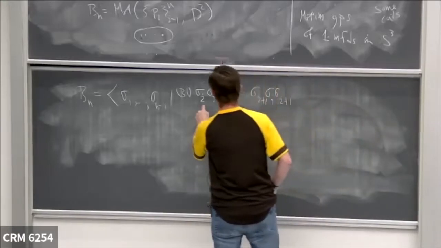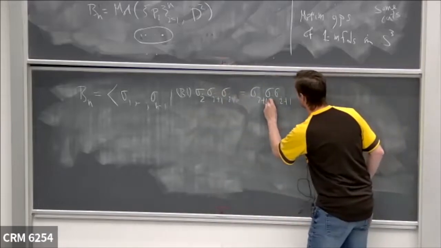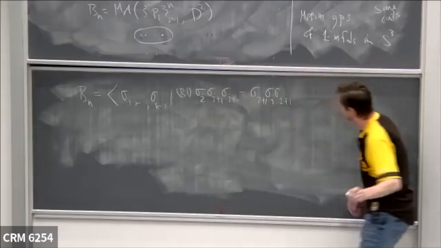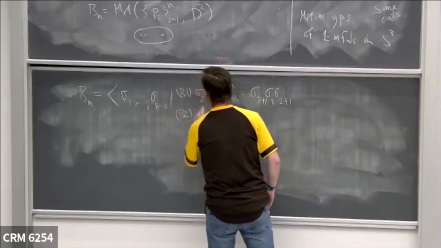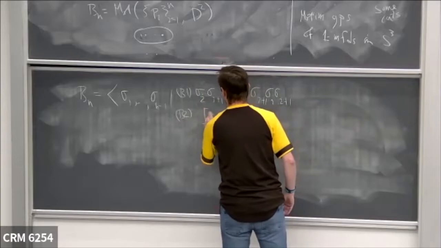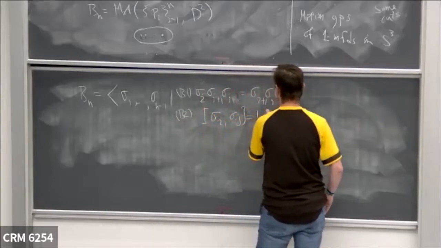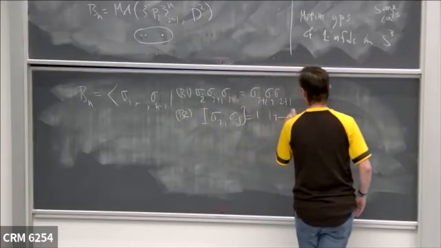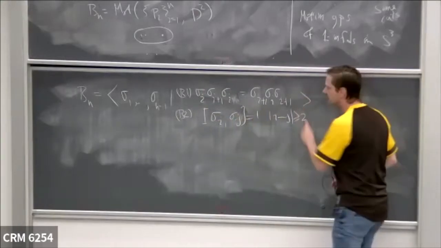And then also far commutation, which says that the commutator of sigma i and sigma j is 1 if i minus j is big enough. Okay, that's the braid group.